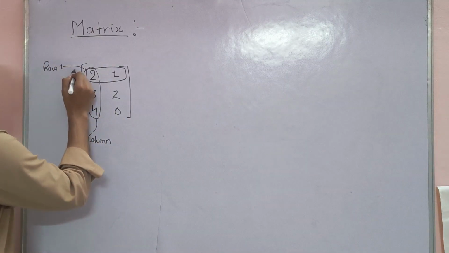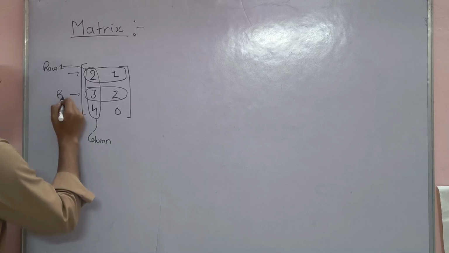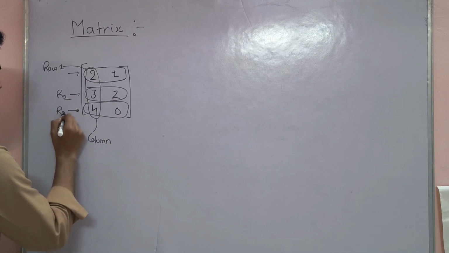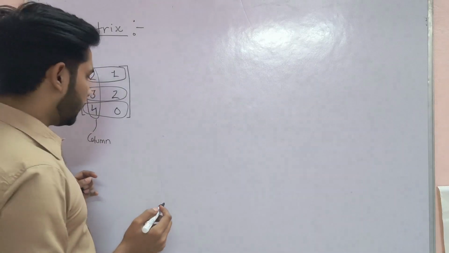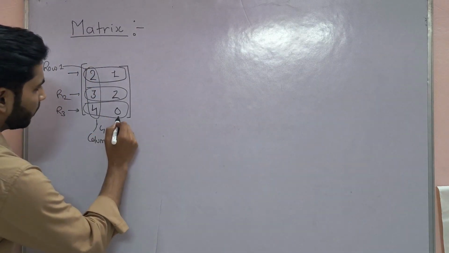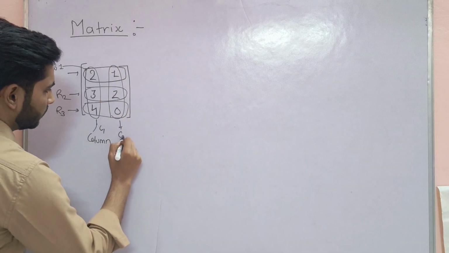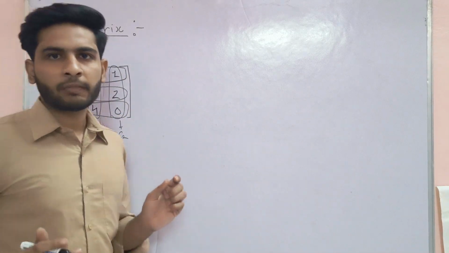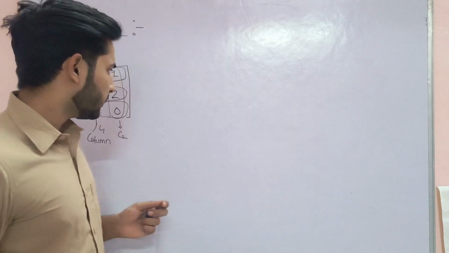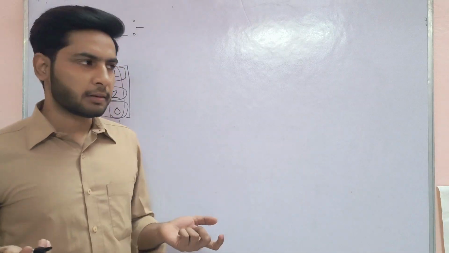Row 1, row 2, row 3. And how many columns are there in the matrix? Column 1, column 2. So in a matrix there can be any number of rows and any number of columns. So we call it a matrix because elements are arranged in a rectangular pattern.